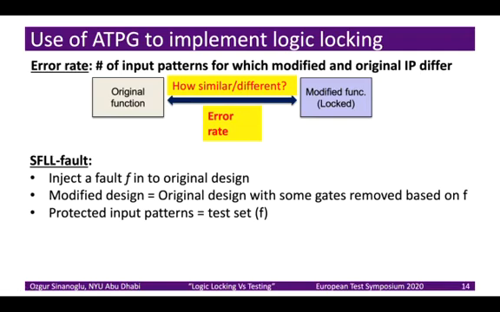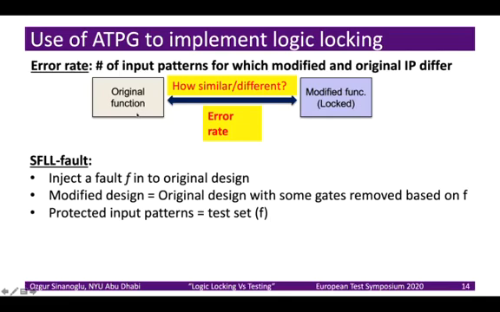So in SFLL-fault, the idea is to inject a fault into the original function. And the modified function then becomes the original function with some gates removed based on this fault. For example, if you inject a stuck-at-0 fault, the wire will be stuck at 0. Whatever gate it's feeding is going to be either removed or replaced with a simpler gate.